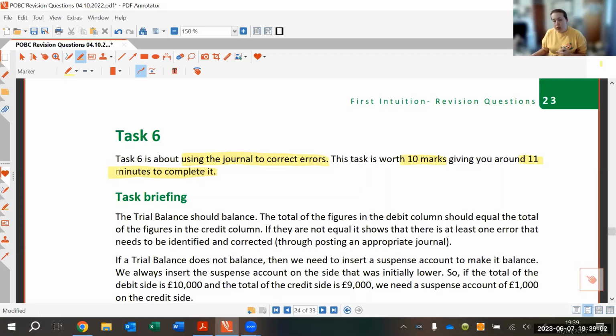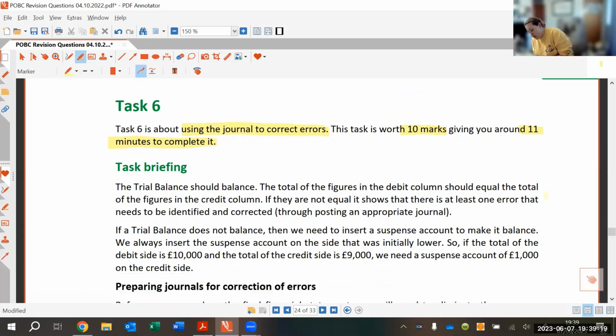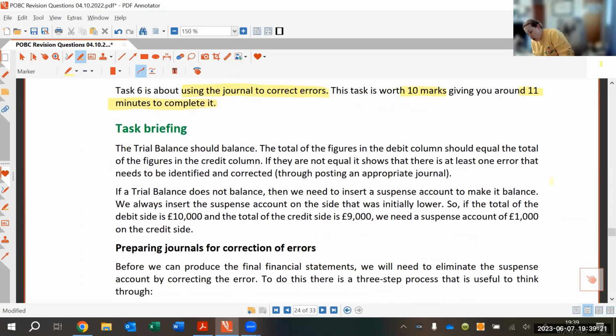On this one, we're very much looking at the ones where the trial balance isn't balancing, or where they've told you what the error is and you've got to correct it. So you've got two things to do here.